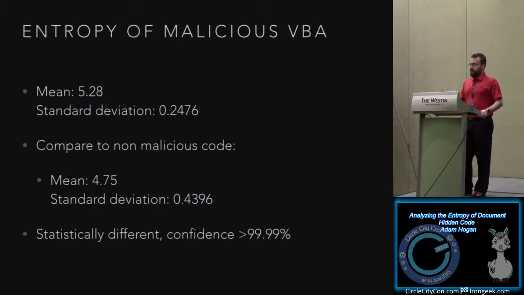They were absolutely statistically significant, far greater than 99% confidence, right? So there is a difference here. We should be able to calculate the entropy of new documents now, and quantify them, and identify them, if not as malicious, then certainly as suspicious.